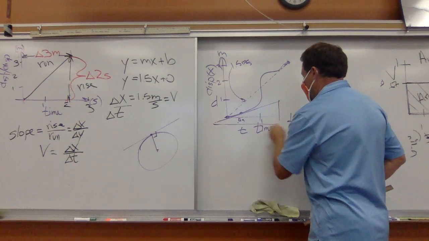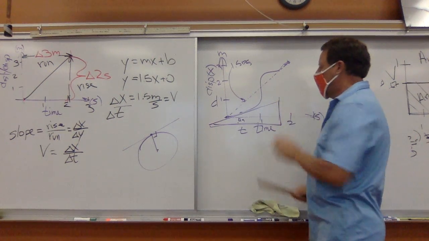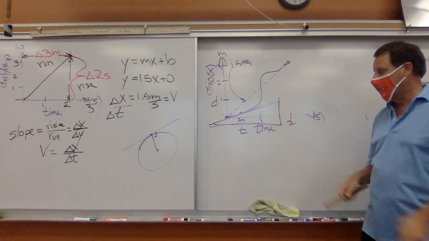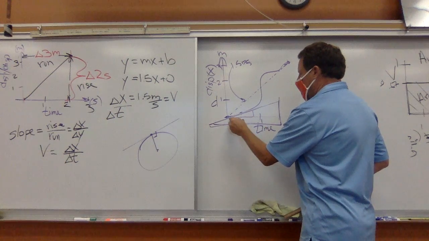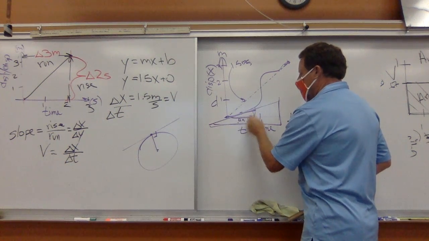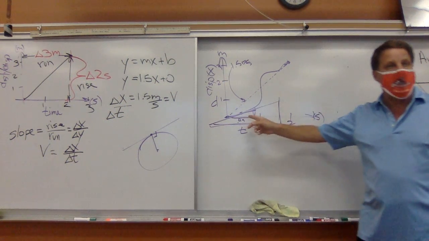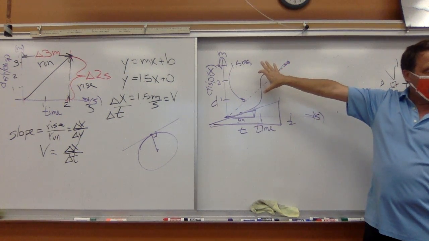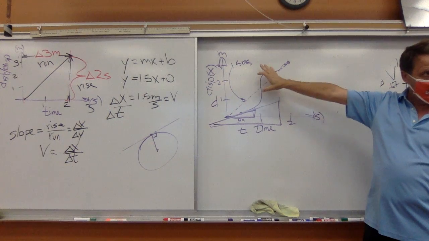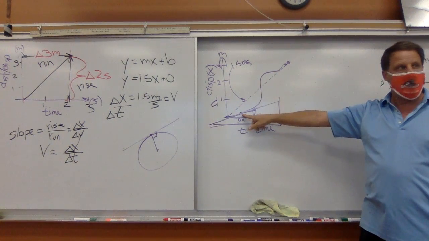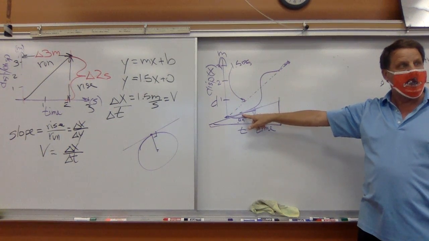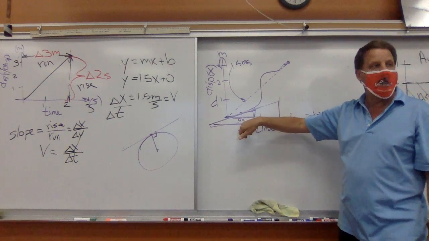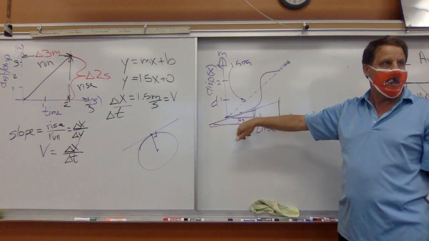Now we can do the rise over run, and that rise over run could be a smaller triangle or a bigger triangle. It doesn't really matter. But if we have a more precise graph here, we could determine pretty closely what the actual velocity would be here at 0.4 seconds.